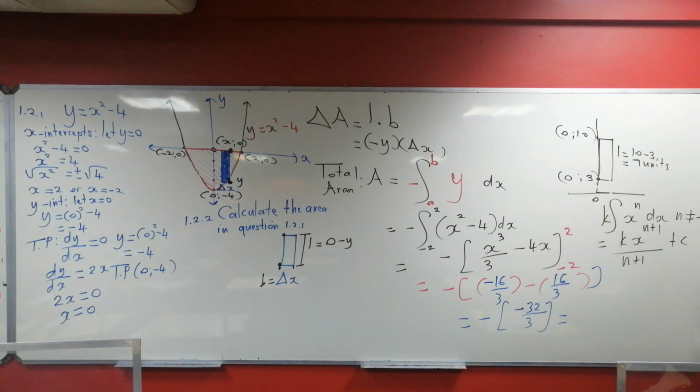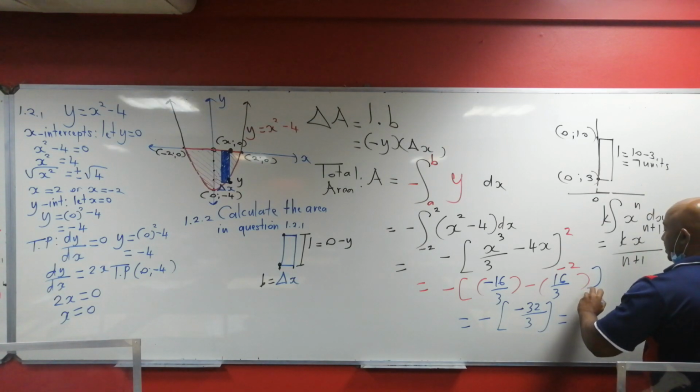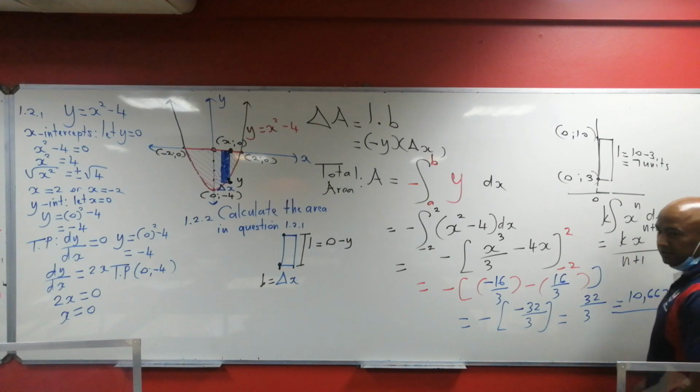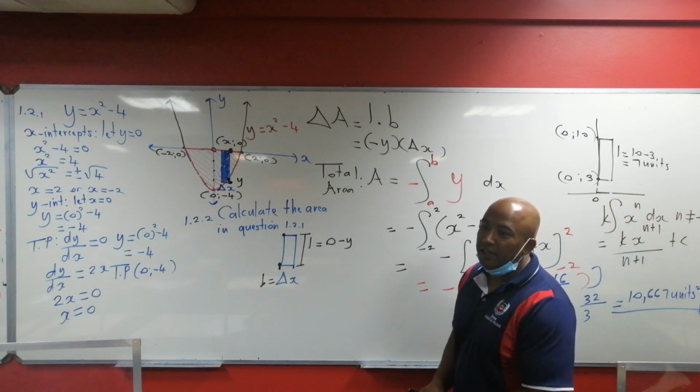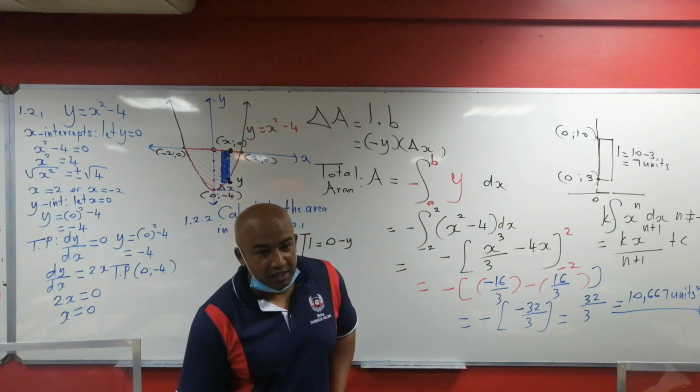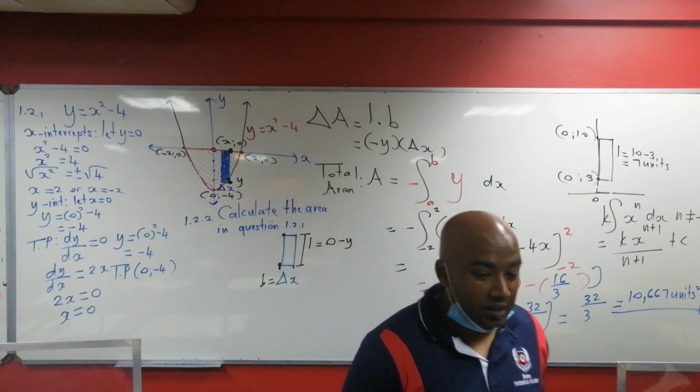And now, this negative times that negative will give you a positive 32 over 3, which is 10. 10 times 3 is 30, remainder 2 over 3, 10 comma 667 units squared. And that is the area bounded by the curve and the x-axis for the parabola.